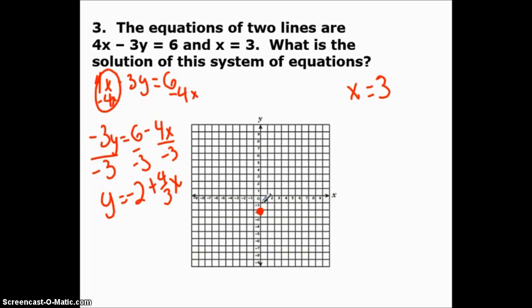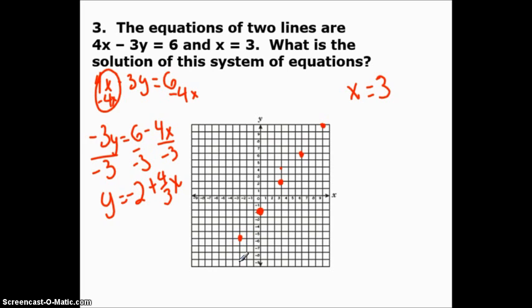4/3 means to rise 4, 1, 2, 3, 4, and run 3, 1, 2, 3. I repeat that. Or I can go down 1, 2, 3, 4, and to the left 1, 2, 3.